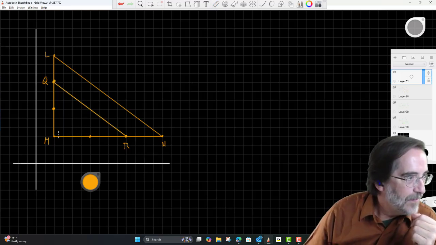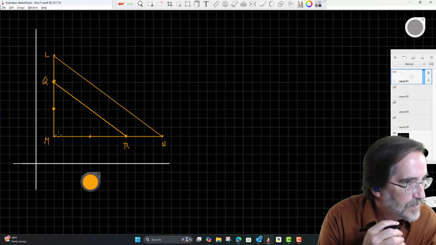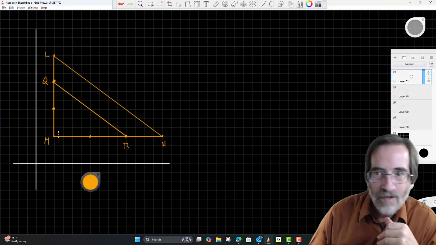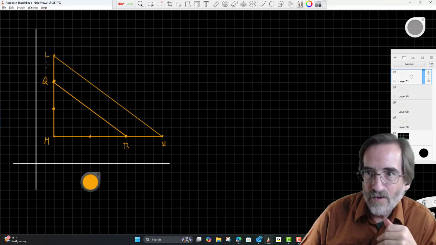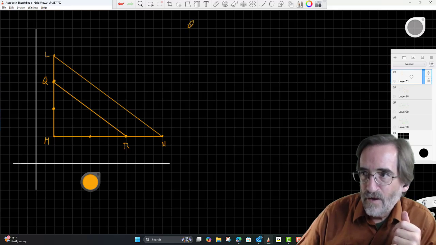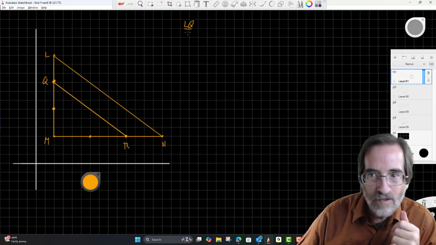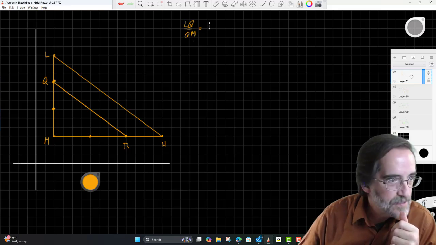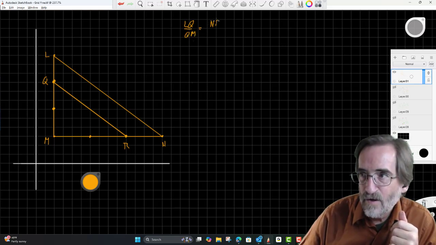Okay. Use the distance formula. Label the points. Okay. Use the distance formula to show that LQ is to QM as NR is to RM. Okay. So LQ is, we don't even really need the distance formula. LQ is to QM as NR is to RM.